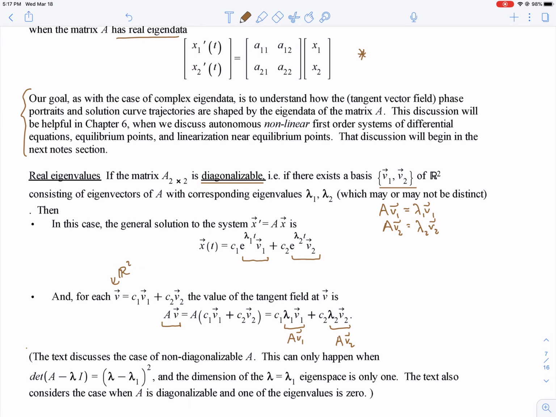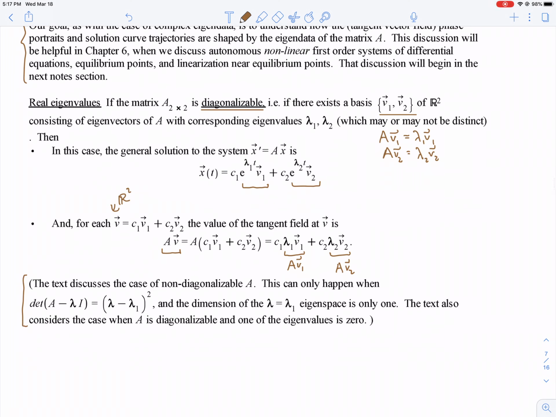The text also discusses the case when the matrix A is not diagonalizable. Remember from linear algebra that a matrix is diagonalizable if and only if all of the eigenspaces are non-defective, which means their dimension is the same as the power of the factor lambda minus lambda j in the characteristic polynomial.